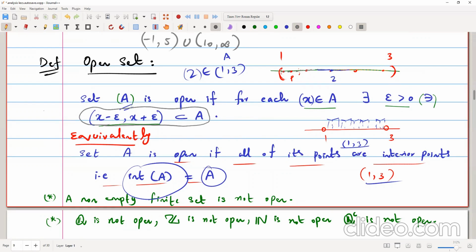It is not necessary that the distance is the same on both sides. We can see here that this is x minus epsilon and this is x plus epsilon, and the statement looks like it is saying that the distances should be similar. For instance, if this is x, in the interval (1, 3), and we are moving forward, we have some distance x plus epsilon, and if we are moving backward, we have some distance epsilon.